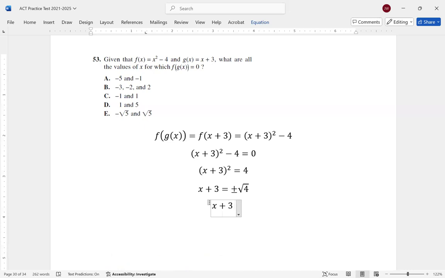Either x plus 3 is equal to a positive 2, or x plus 3 is equal to a negative 2. Solving both of these, the first one gives you a negative 1. The second one gives you a negative 5. We're subtracting 3 from both sides. So negative 1 and negative 5 are the two values for which we get out 0 in the composition of f of g of x. So that's option A. So the answer to 53 is A.